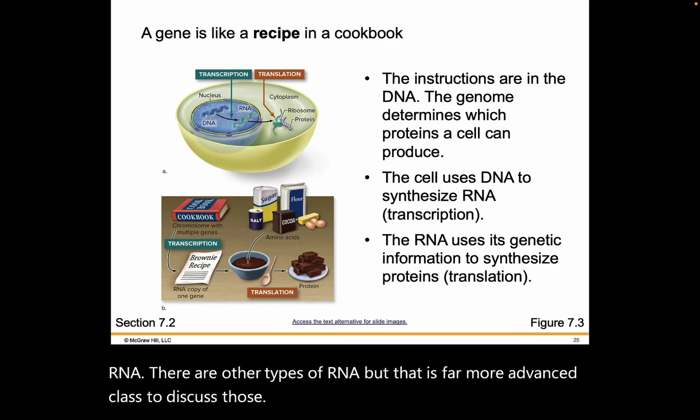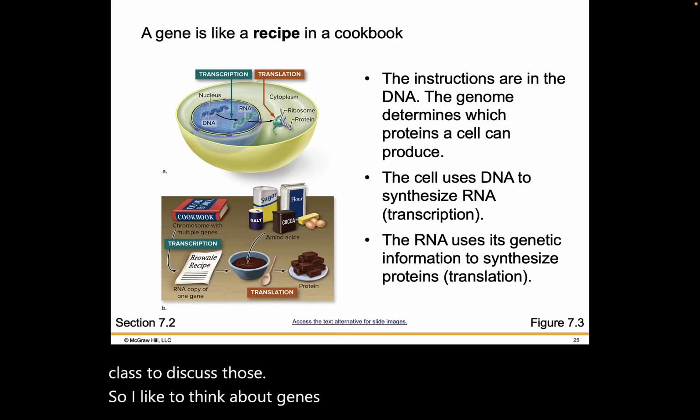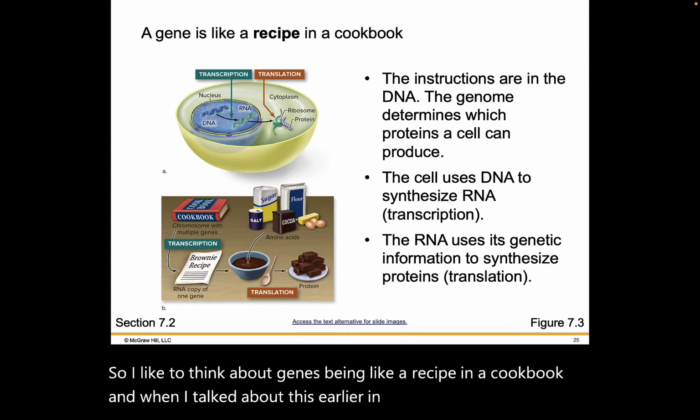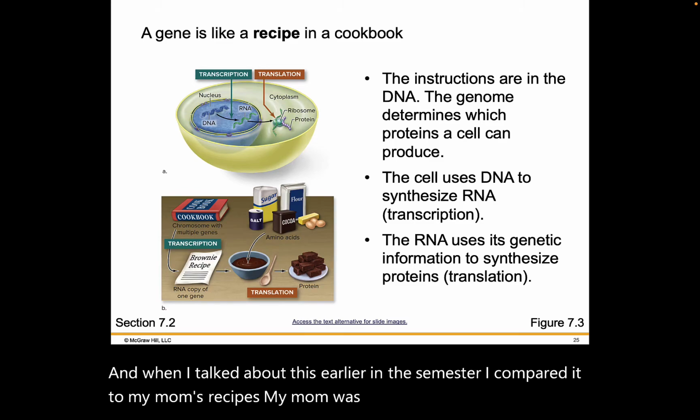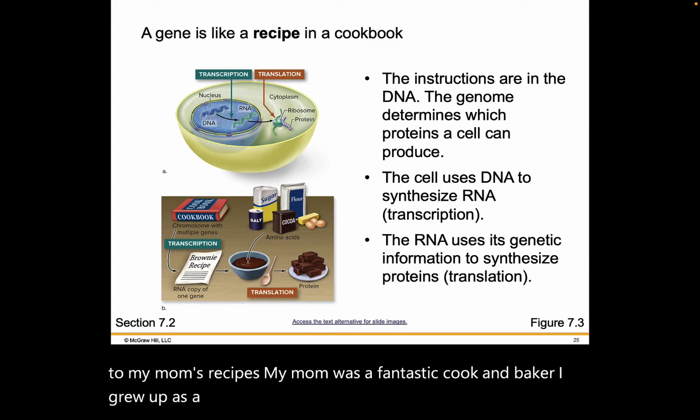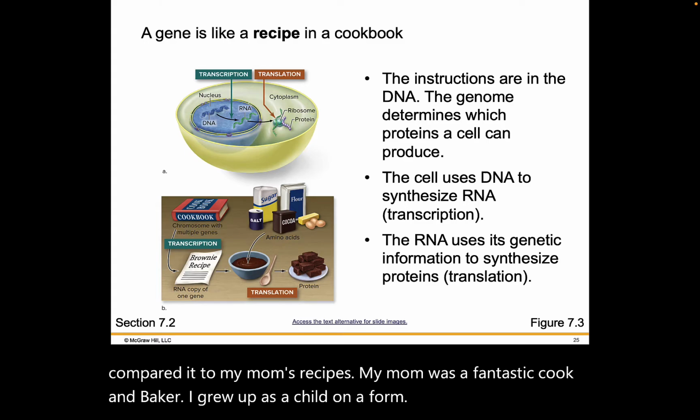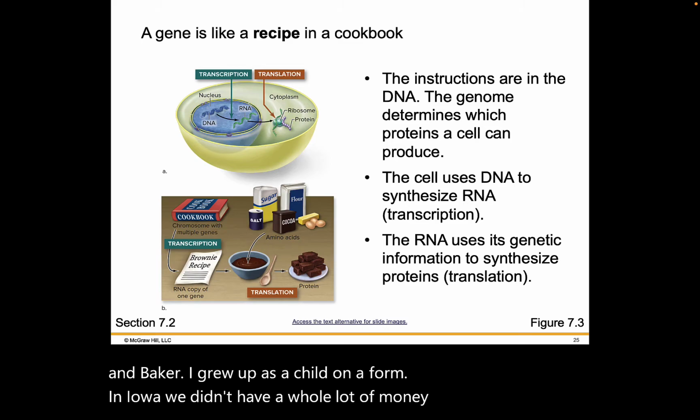So I like to think about genes being like a recipe in a cookbook. And when I talked about this earlier in the semester, I compared it to my mom's recipes. My mom was a fantastic cook and baker. I grew up as a child on a farm in Iowa. We didn't have a whole lot of money, so my mom made everything from scratch.